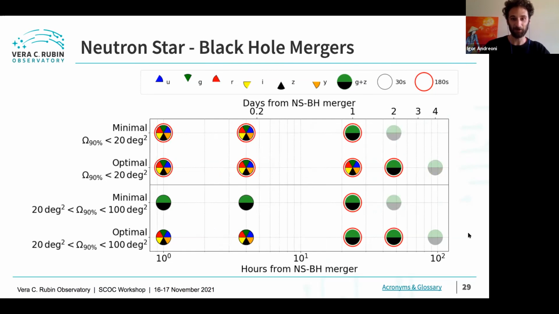Particularly interesting, but also particularly tricky, is the case of neutron star black hole mergers. We don't truly know what to expect because no counterpart has been observed yet that we know of.